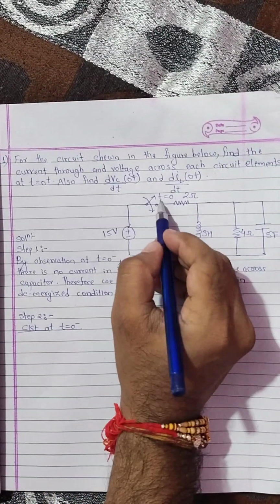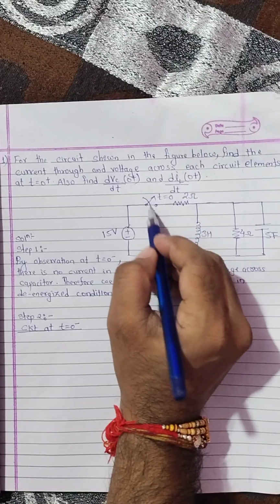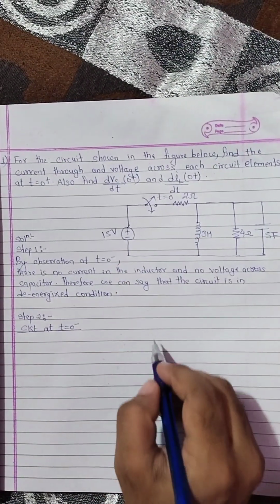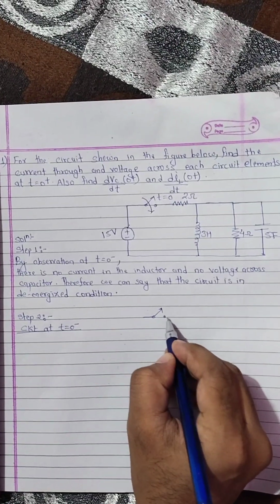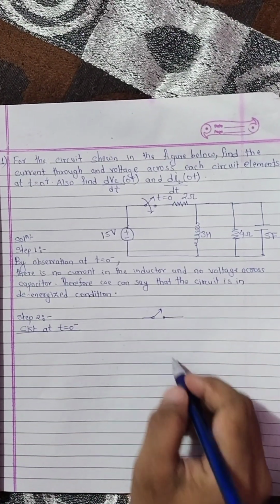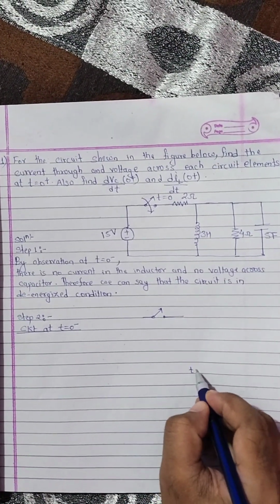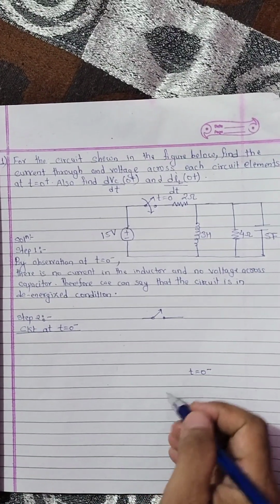At t equals to 0 minus, the switch will be open. First of all, we will draw the position of the switch. This is the t equals to 0 minus circuit.